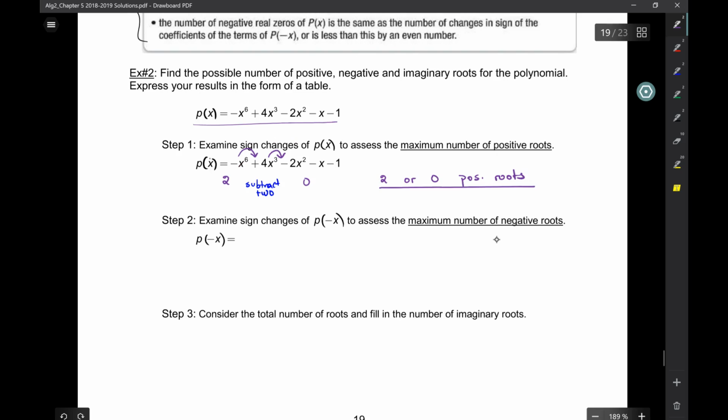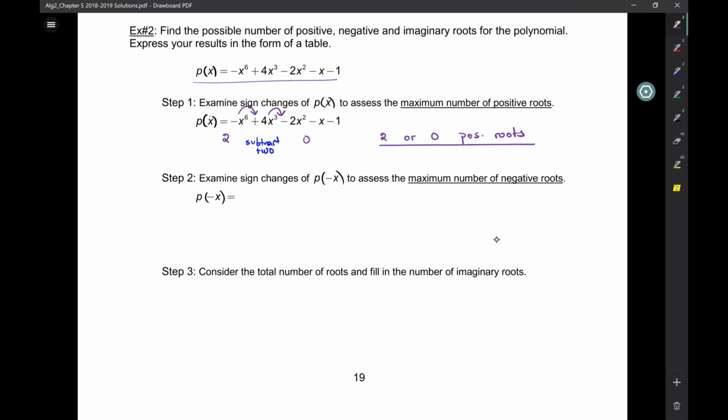Now for the negative ones. Now what we need to do is find p of negative x. How do you find p of negative x? Basically, in this polynomial, for each and every single x, we're going to substitute negative x.